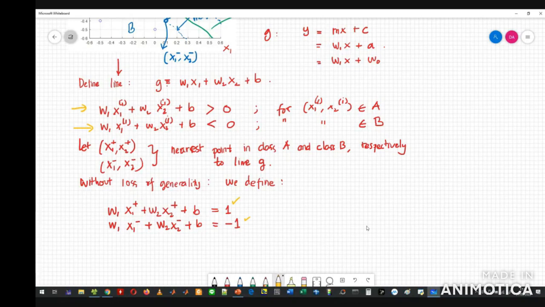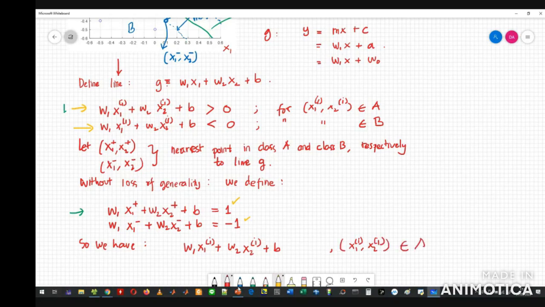What does it imply? So we have w1 x1 i plus w2 x2 i plus b, for xi, x1 i, x2 i an element.